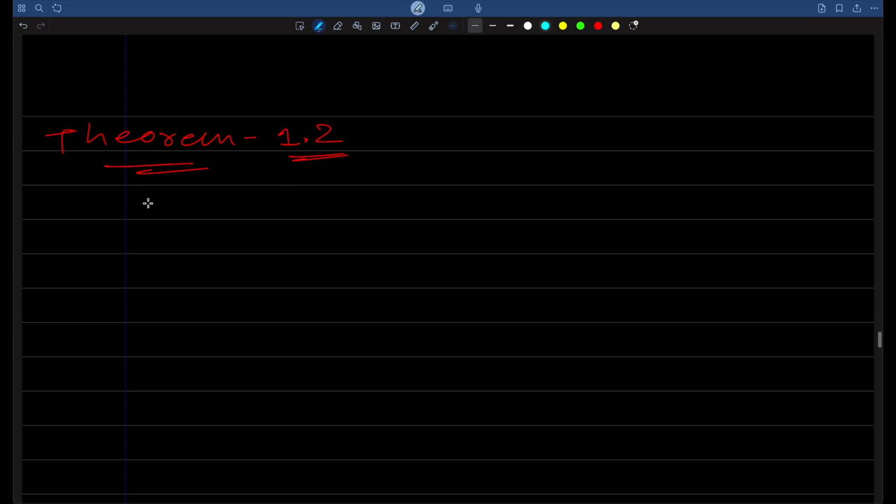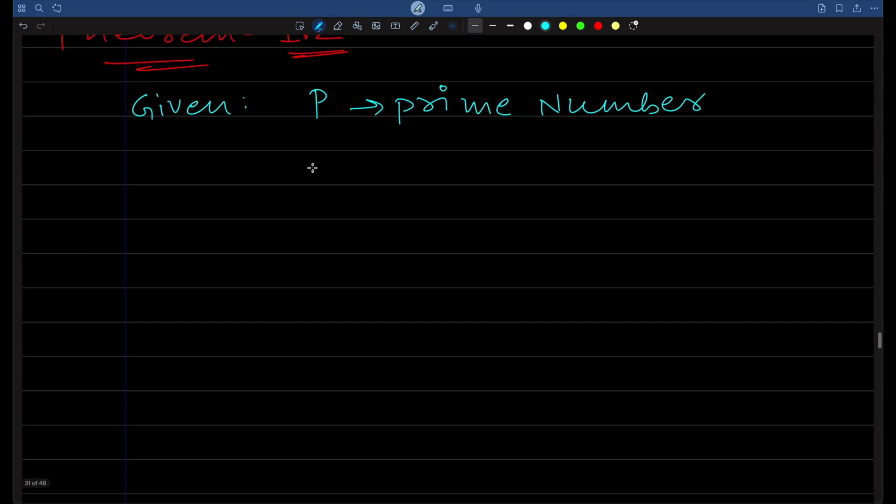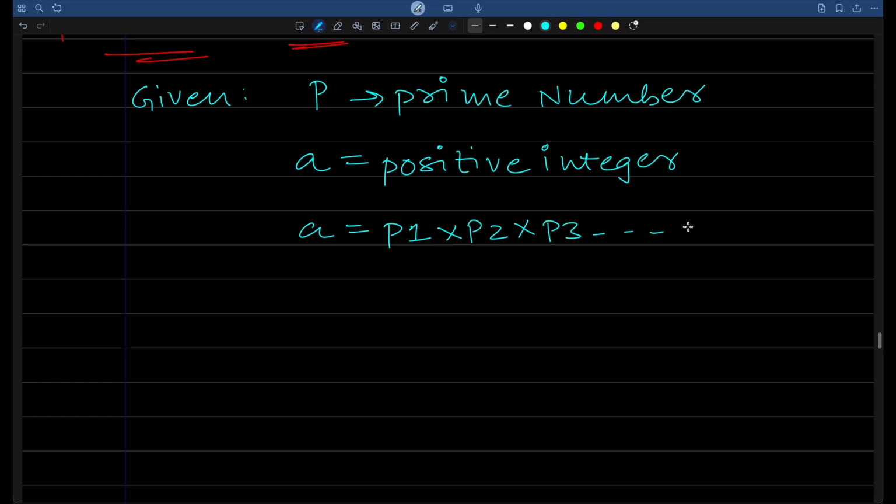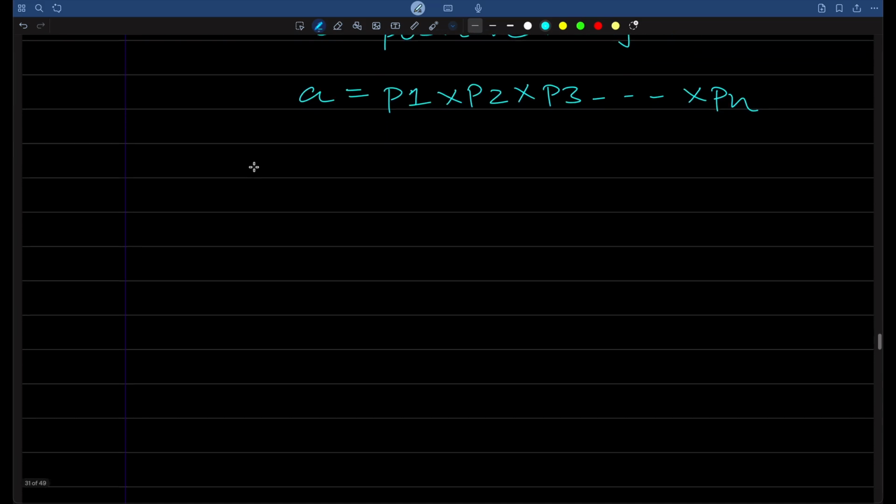We are given p, which is a prime number, then we are given a, which is a positive integer, and a can be written as a product of primes, or we can say the prime factorization, that is equal to p1 into p2 into p3 up to pn, where p1, p2, p3 up to pn are prime numbers.